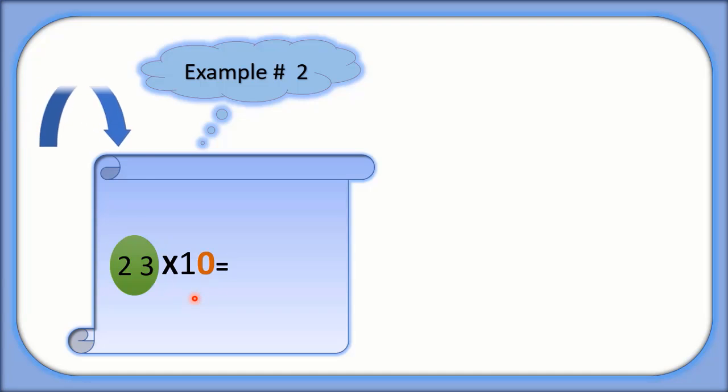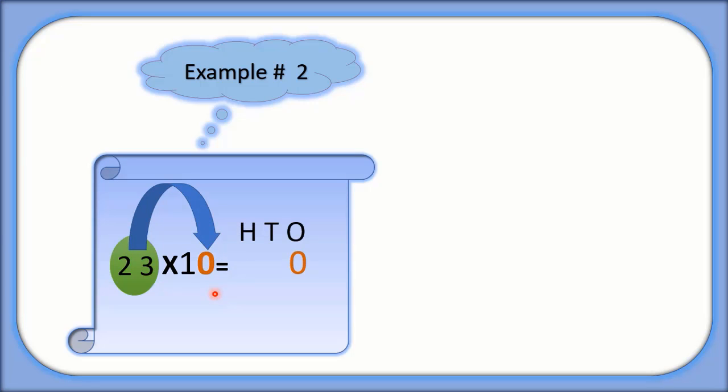In step number 1, what you have to do? You have to multiply 23 by 0 and you will get the answer 23 zeros are 0 and you will put this 0 at 1's place. Okay? And in step number 2, you have to multiply 23 by 1.